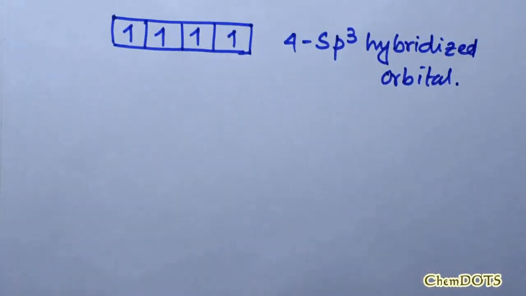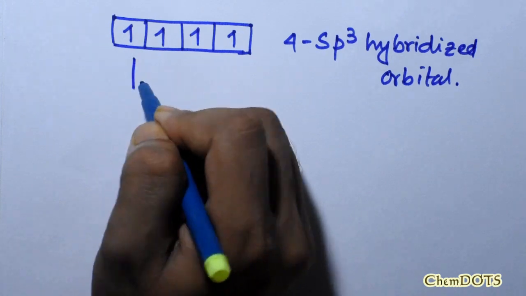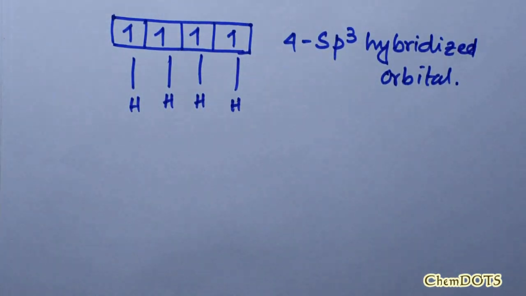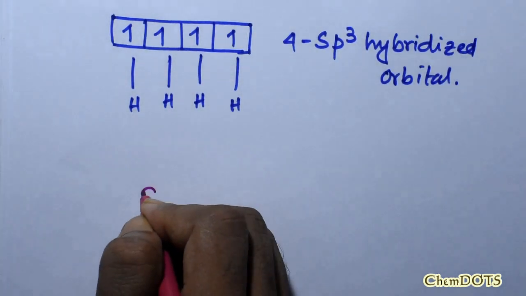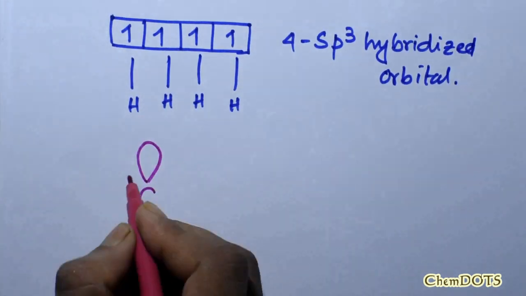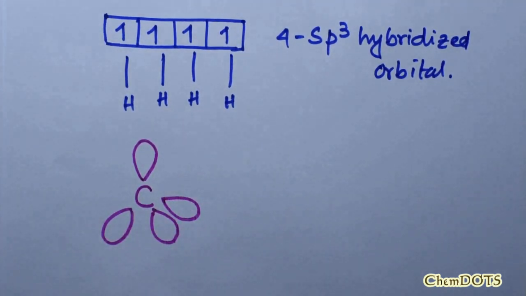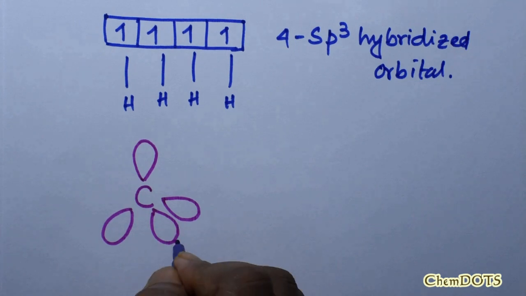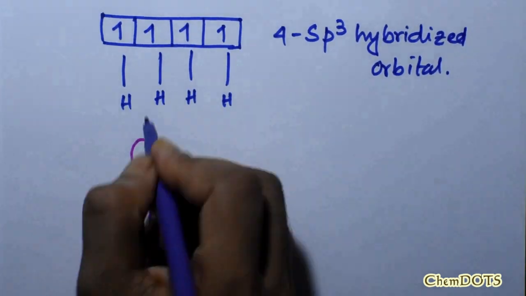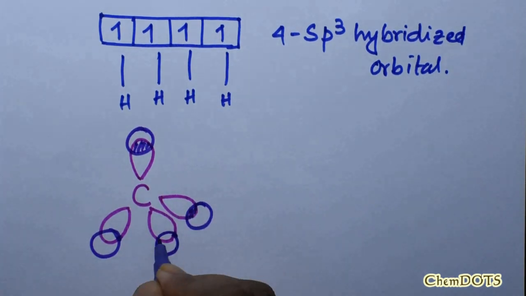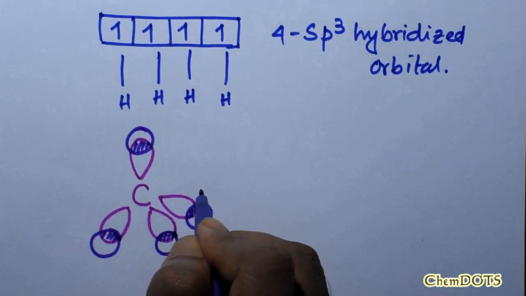Here the 4 hydrogen atoms with their 1s electron will be bonded to the 4 sp3 hybridized orbitals to form CH4, methane. So there are 4 sp3 hybridized orbitals showing a tetrahedral shape, and with that, 4 hydrogen atoms with 1s orbitals will form the bonds.